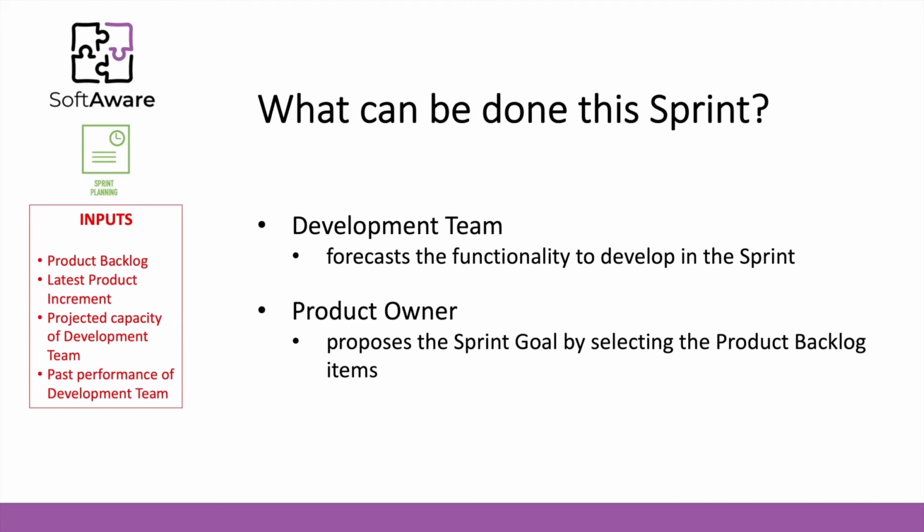So the inputs for the sprint planning are the product backlog. If it's not the first sprint planning, you will have the latest product increment that was delivered to the client.